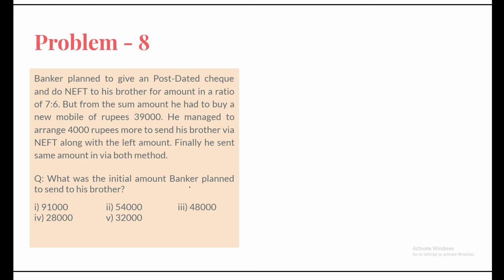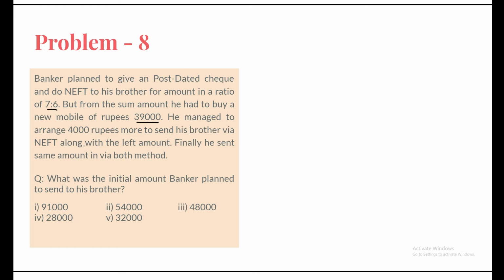Problem number 8. A banker planned to give a post-dated check and do NEFT to his brother for amounts in a ratio of 7:6. But from the first amount he had to buy a new mobile of rupees 39,000.